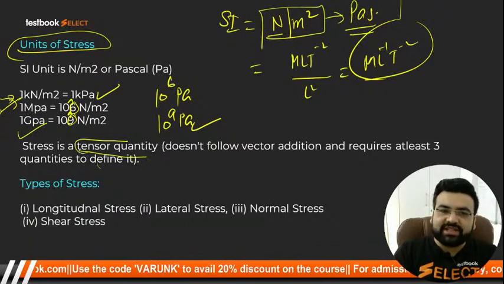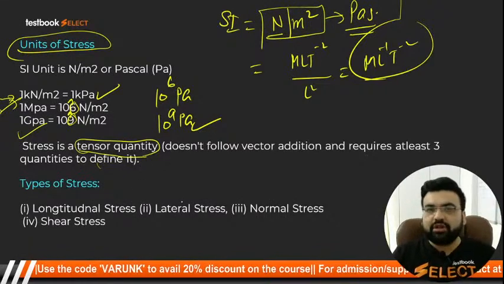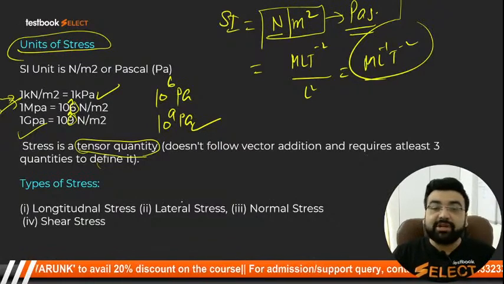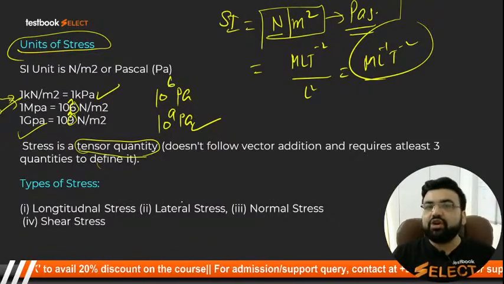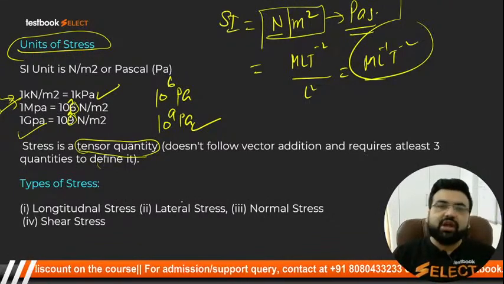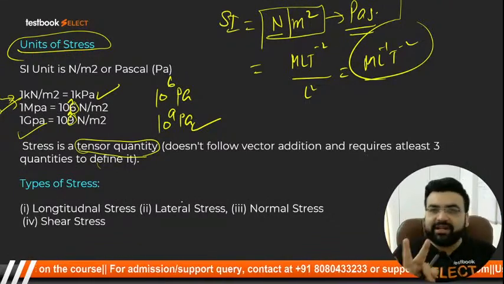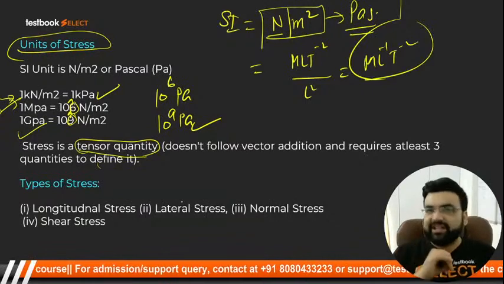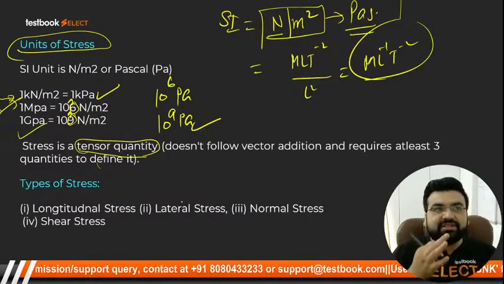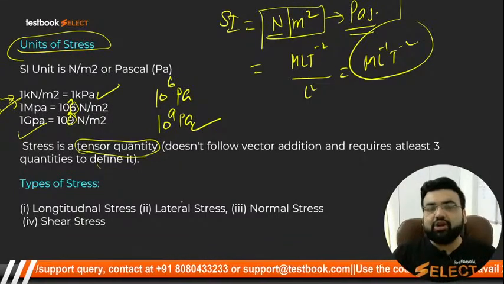Don't worry students, I have a different topic based on this, that is stress as a tensor quantity. We will be discussing in much more detail what the meaning of this tensor quantity is. So tensor quantities, for your kind information, require at least 3 parameters or quantities to define them. For example, scalar: Ram is running with a speed of 10 kilometers per hour.